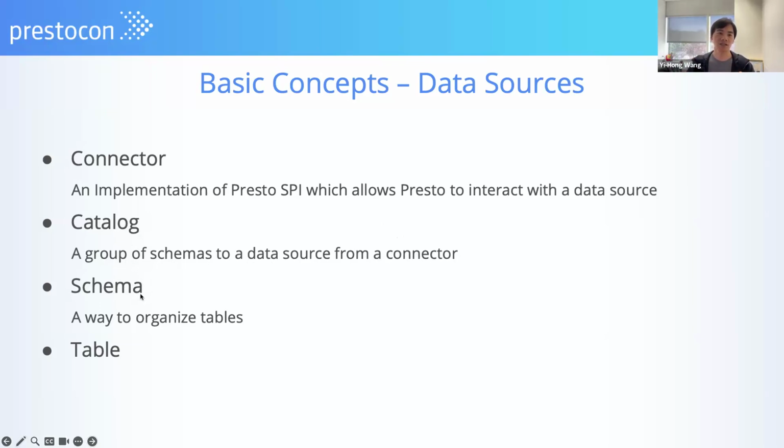Under the schema are the tables, which are the data you have. Table and schema are very easy to understand; most of you understand tables. The catalog is just a way we organize the data from a connector. Later, when we cover those, you will know what we are talking about.